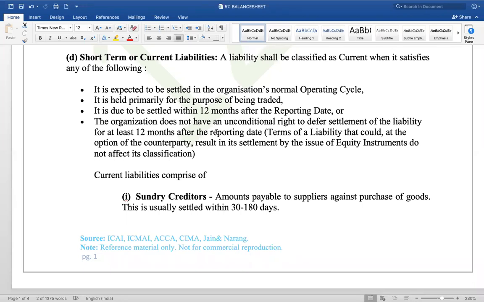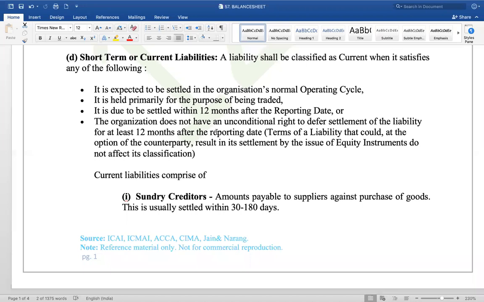Or let's say you're postponing the payment of salaries to your employees. How long can you postpone? 3 months you can postpone. Sir, Corona is there. For 3 months I'm postponing. Please bear with us, we are not able to disburse the salaries for 3 months.